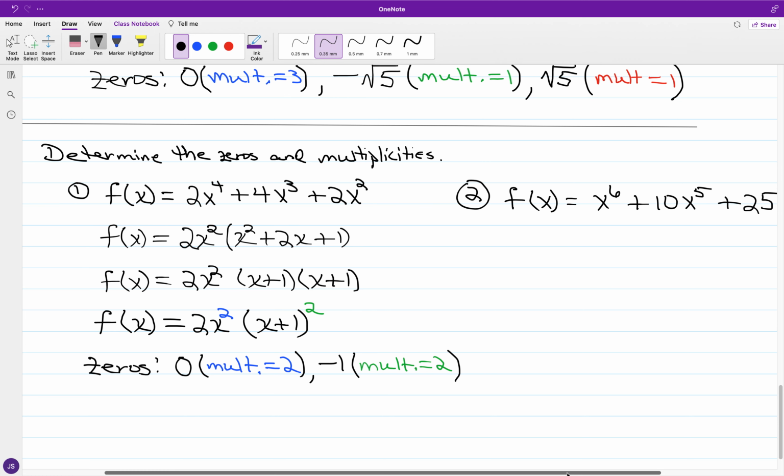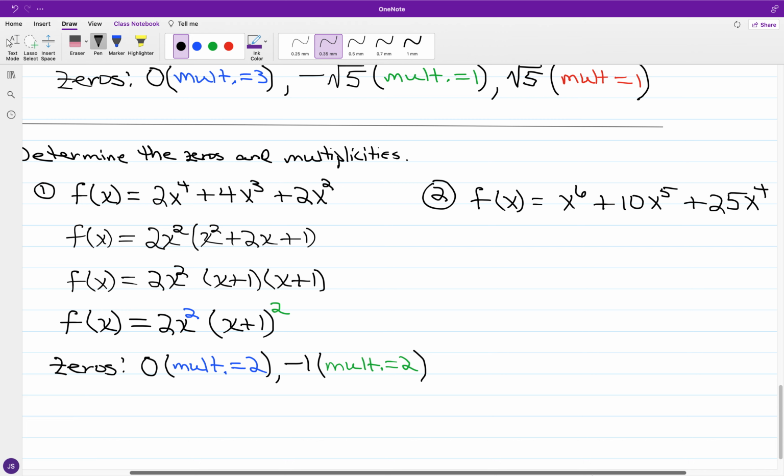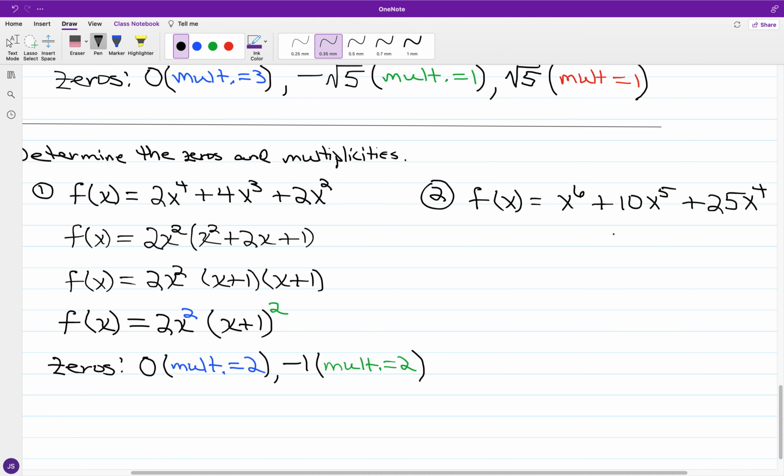Now, for the sixth order polynomial, for this f of x, you have x to the sixth plus 10 times x to the fifth plus 25 times x to the fourth. For this one, x to the fourth is going to be the greatest common factor.